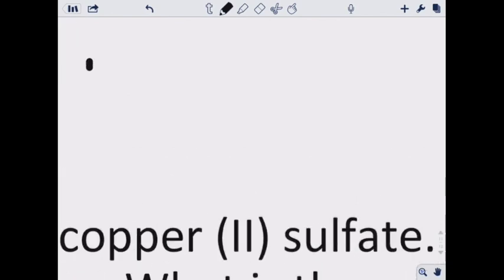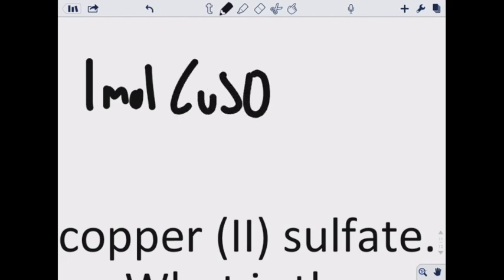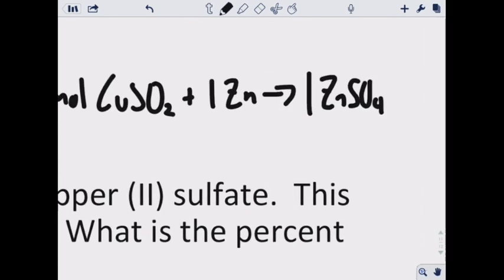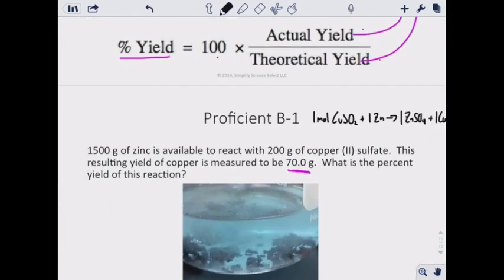We have 1 mole of copper(II) sulfate reacts with 1 mole of zinc, and it produces 1 mole of zinc sulfate plus 1 mole of copper. And so here's our balanced chemical equation.